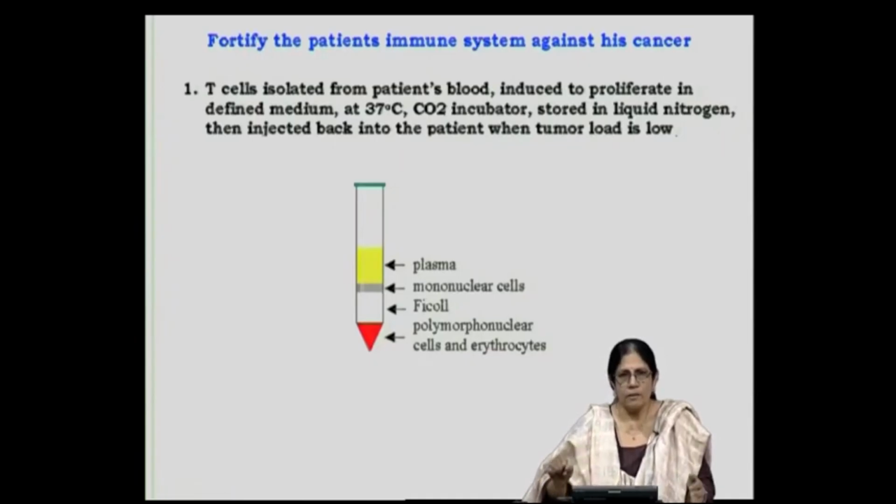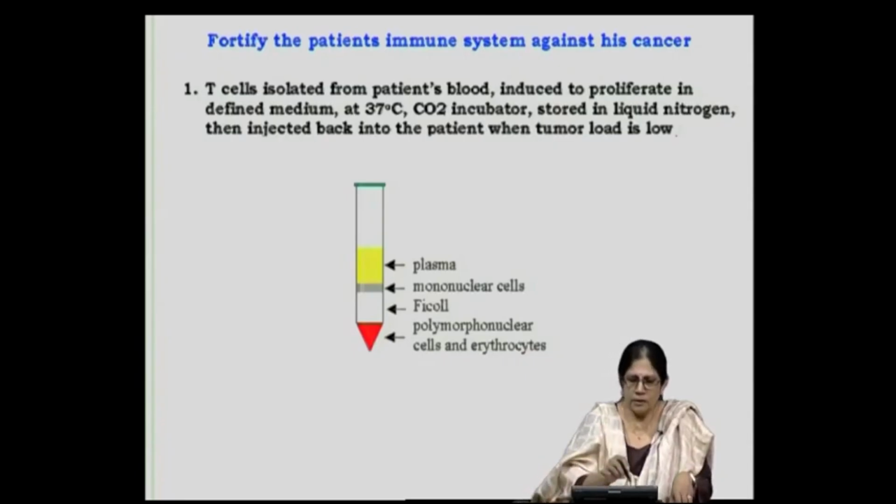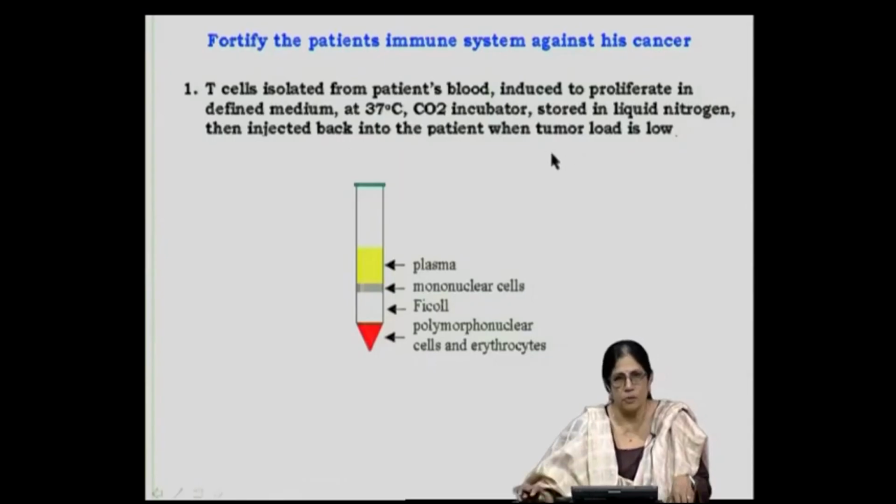Then when the patient is given chemotherapy or radiotherapy and the tumor burden is now down, the same cells, which we believe a good population of these T cells would have specific cytotoxic activity, can be injected back into the patient when the tumor load is low.